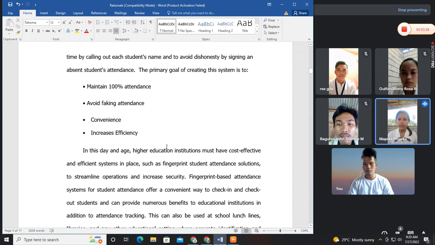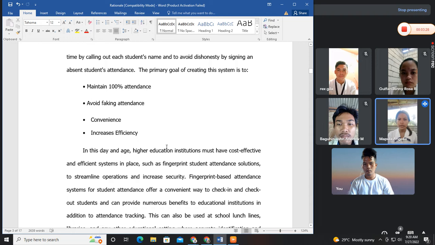This can also be used at school lunch lines, libraries, and other educational settings where accurate identification and security are required. This research will focus on developing a fingerprint-based biometric student attendance monitoring system.